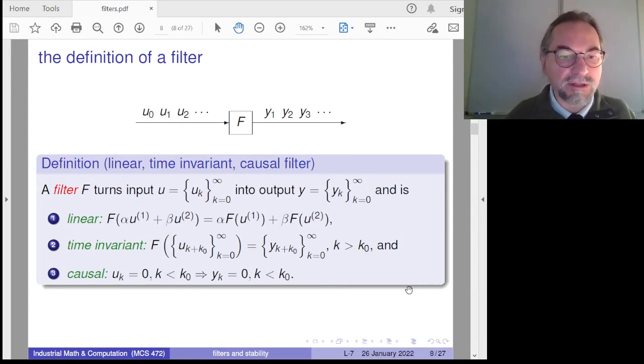The last property, causal, means essentially that you cannot make anything from nothing. If your input signal is 0 for a number of inputs, then your outputs will also be 0. That's causality, and it's also a very natural property.